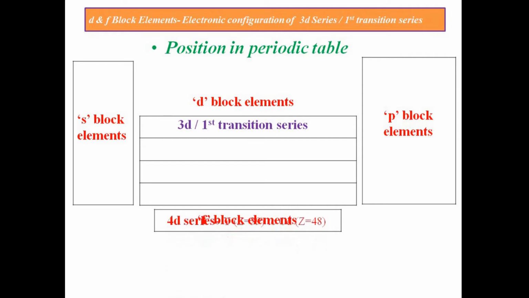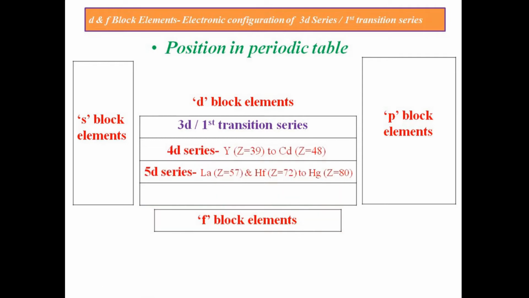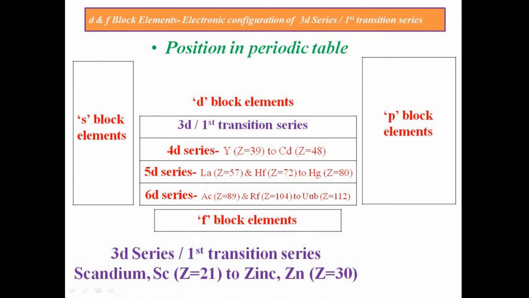Similarly, 4d series elements, 5d series elements, 6d series elements. Here we are going to focus on the 3d series or first transition series elements. The 3d series starts from scandium, atomic number 21, and ends at zinc, having atomic number 30.